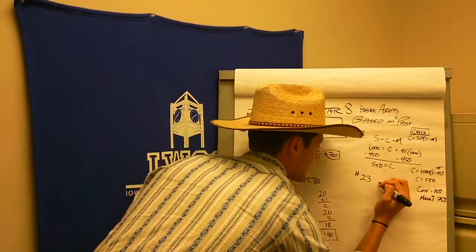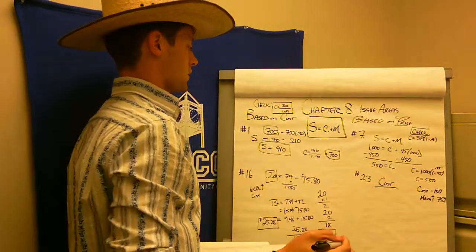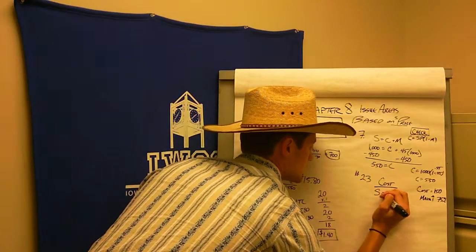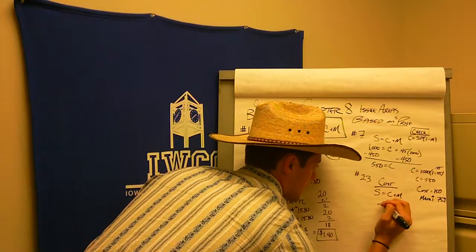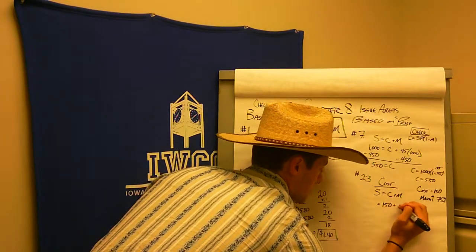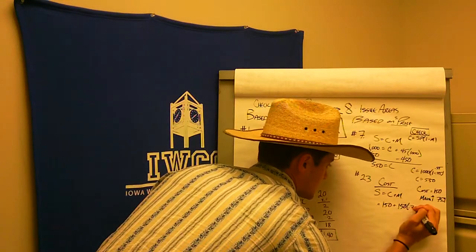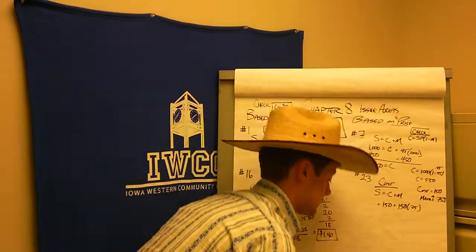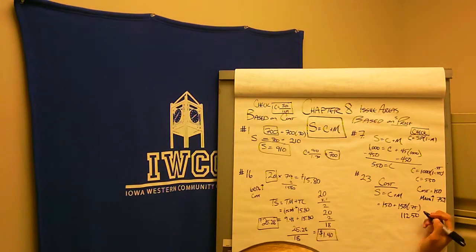If we do this based on cost, our selling price is equal to cost plus markup. So our cost is $150 plus our markup of 0.75 times $150, which is $112.50.